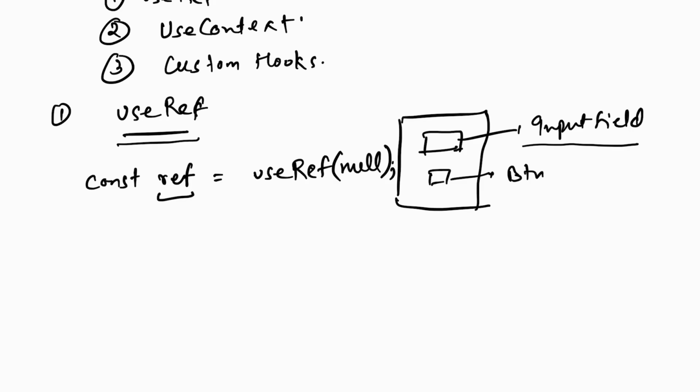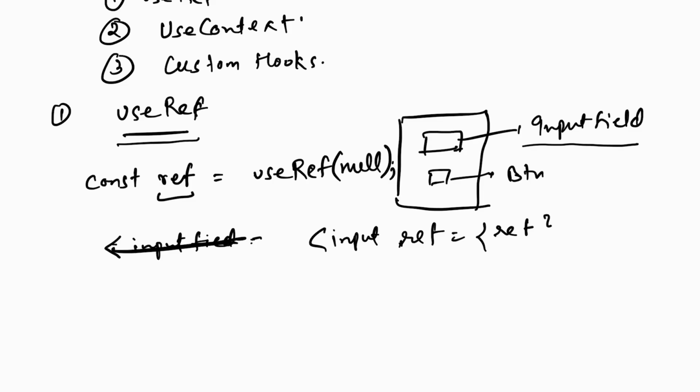Initially we have created this ref, but it is not pointing to any DOM element. Now say we have this input field. While creating the input field, you can give the reference to it. So when this input field is created, we are assigning the reference of this input field.